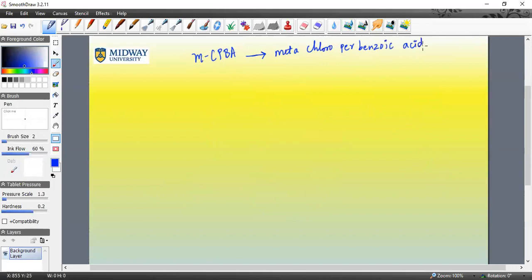Now the word per means you have the maximum possible number of oxygens that can be attached to the compound. Whenever you hear per, it means the compound has possibly achieved its maximum oxygen count.